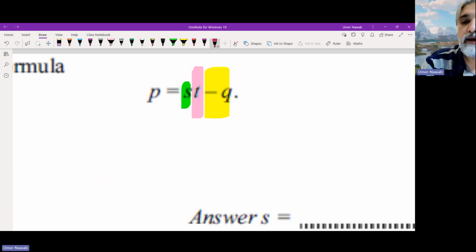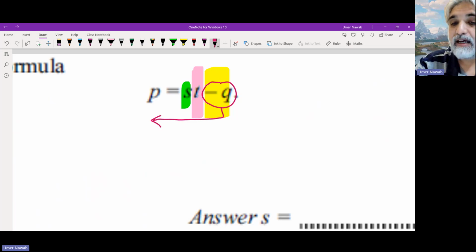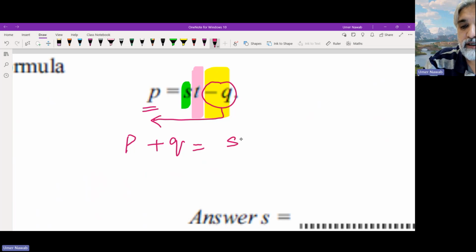So that's why I'm going to send the negative Q to the left-hand side in order to make my S alone. Now, P is already there. Now, negative Q, when it is shifted to the left, it becomes plus Q, equals ST.